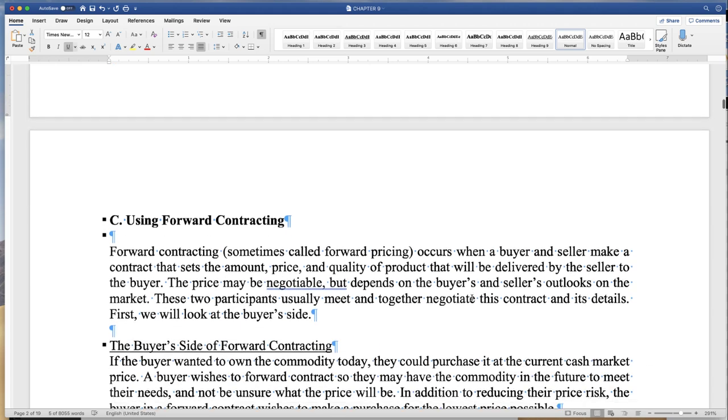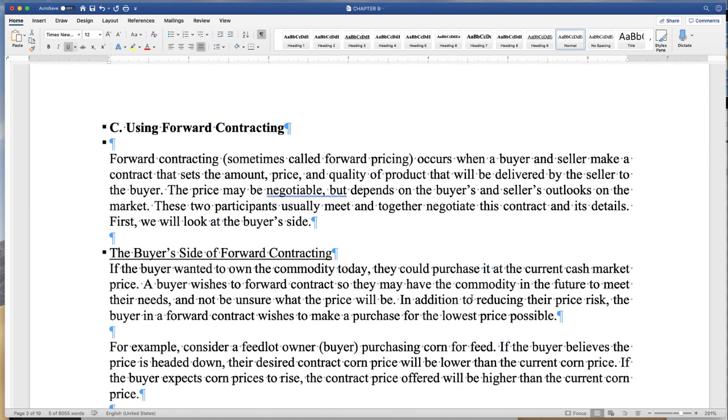All right, let's move through here and talk about a forward contract. And really this has to do with all contracts. When we do a contract, it's got 4 parts. It's got the amount, the quantity, the price, and the quality, and then the delivery date that we actually set this to be.